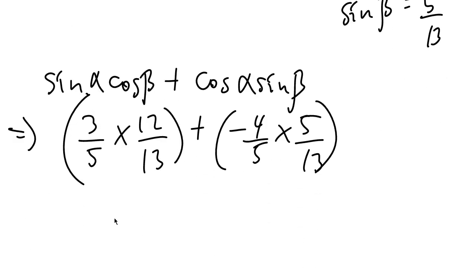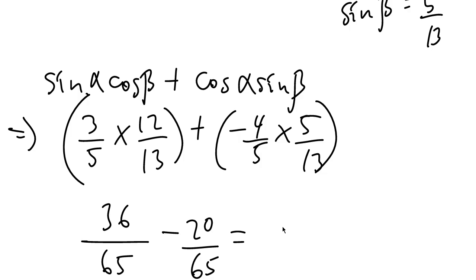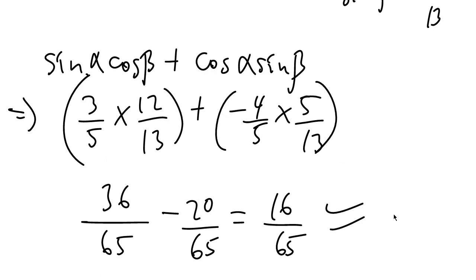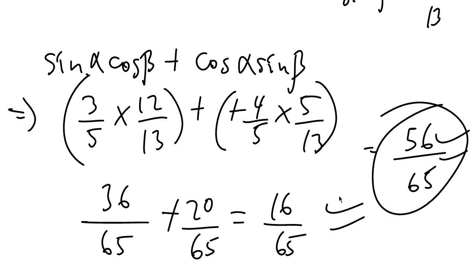Are you following? So that's 36 over 65 minus 20 over 65, which is 16 over 65, and that's sine(alpha + beta). If you made the mistake of using positive, you would get 56 over 65, and I bet you would see it. Do you understand? So don't make that mistake. You're going to use negative.